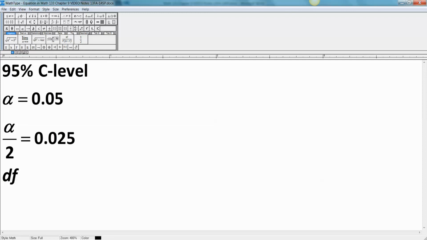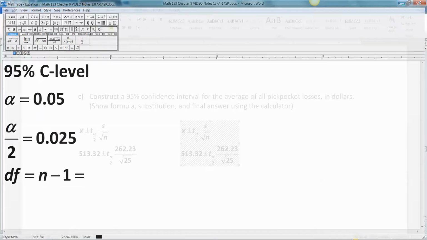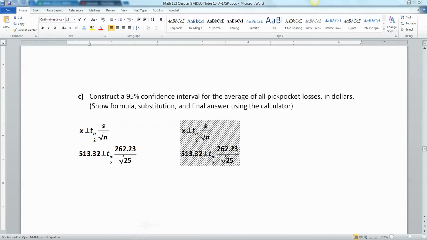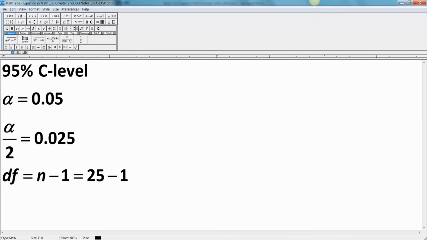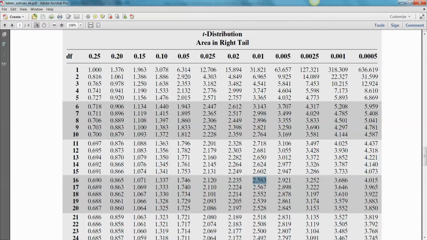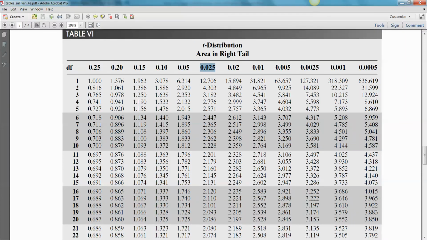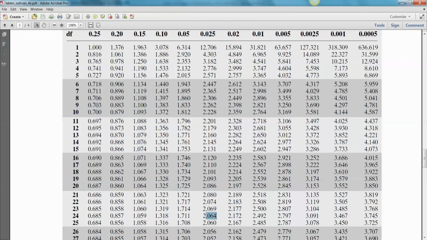Our degrees of freedom is n minus 1, which is 25 minus 1, which is 24. So there's your degrees of freedom. That's the row you're going to go to in the table, and there is your alpha over 2. So that's your column. If you're going to use the table, let me grab the table. You go to 0.025, go to the 24 row, and you get 2.064 right there.